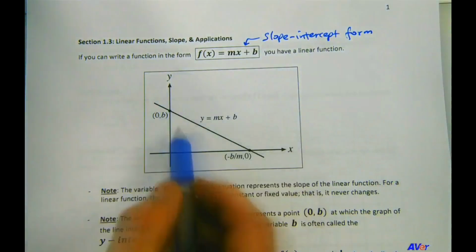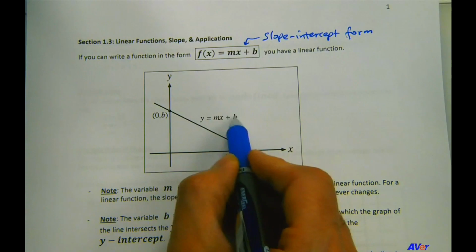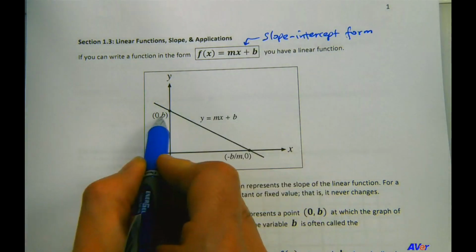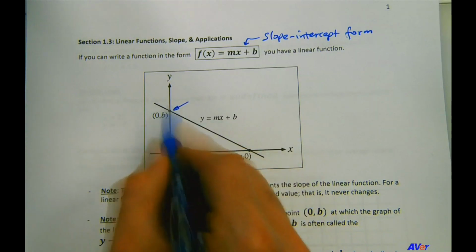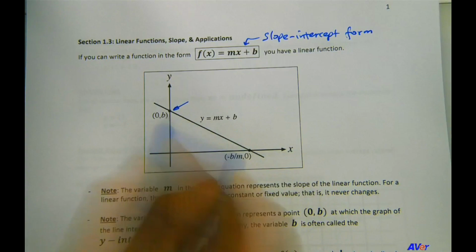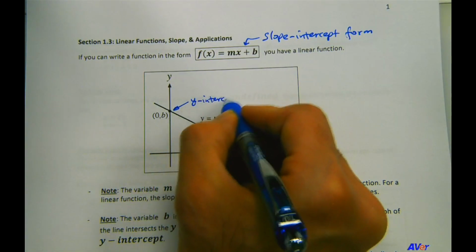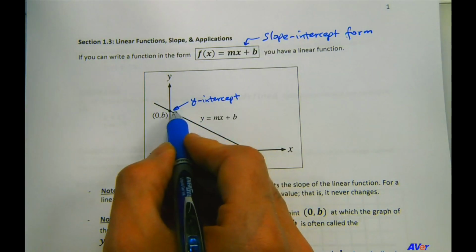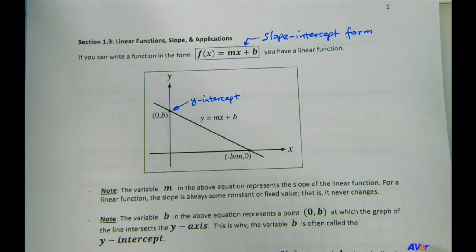Then, as we look at this graph, notice that b, which is this component of the equation, is the y-intercept of the graph, or the graph of this equation. So for a y-intercept, the x component is always 0. We've mentioned this before, right?